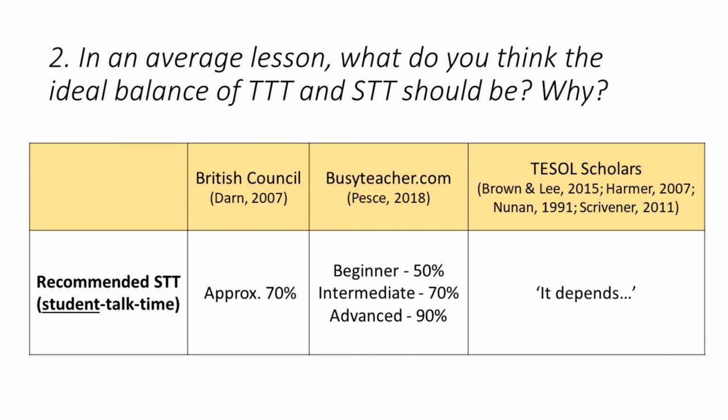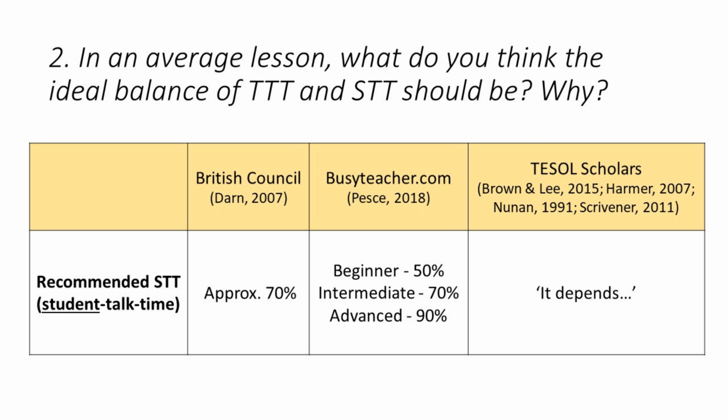Taking a look at question 2, in an average lesson, the ideal balance of TTT and STT should be, according to the British Council, the recommended STT, that is student talk time, is approximately 70%. That's a round figure. According to busyteacher.com, this varies according to the level of the learner.